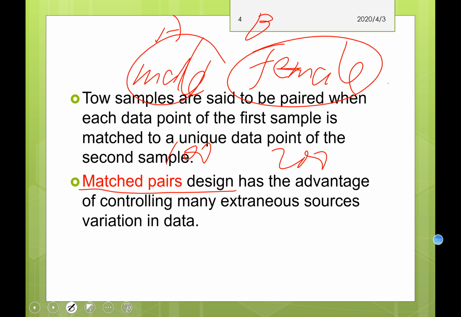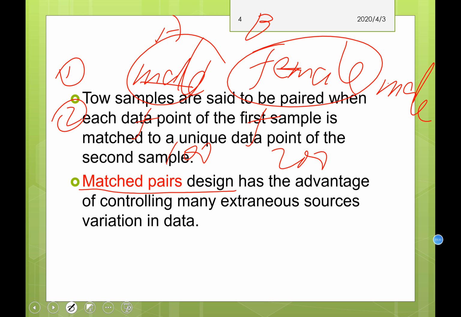So if the number 1 patient in sample A is a male, we need a male in sample B. If the second patient in sample A is a female, we need a female too in sample B. So when we compare these two samples, each pair of patients has the same gender.